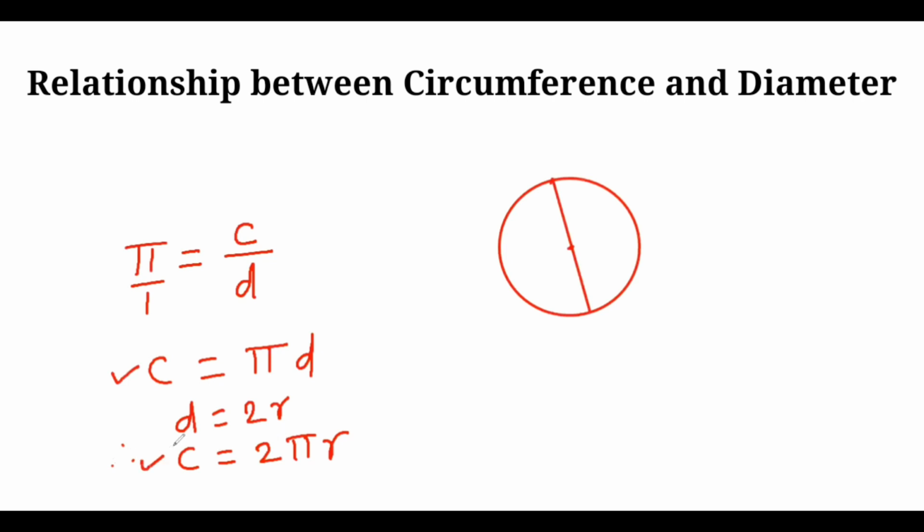C is equal to pi D and C is equal to 2 pi R. We know that the value of pi is equal to 22 upon 7, nothing but 3.14. It is the approximate value of pi. Remember that pi is the ratio of circumference and diameter.